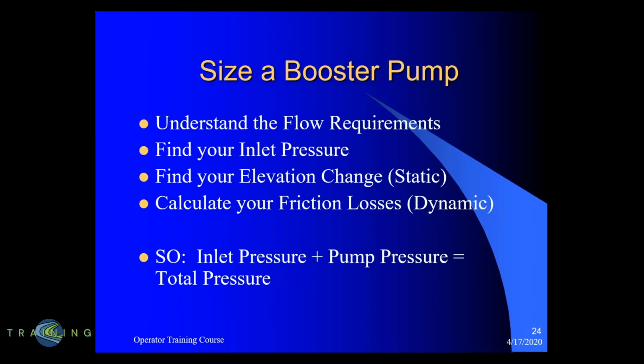If we're sizing a booster pump for a booster station, you have to understand your flow requirements, your inlet pressure, because we're just adding the pump pressure to the inlet pressure, your elevation change, which is your static, and your friction losses, which are your dynamic head. So your inlet pressure plus your pump pressure is going to give you your total discharge pressure on the outlet side of your pump.